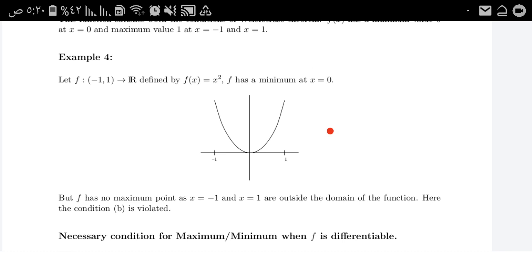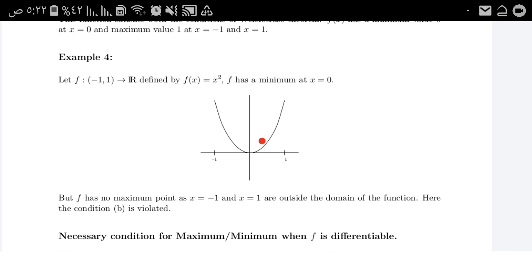Let's check example 4. Let f be defined from the open interval -1 to 1 by f(x) = x squared. In this case, f has a minimum at x equal to 0, but f doesn't have a maximum.